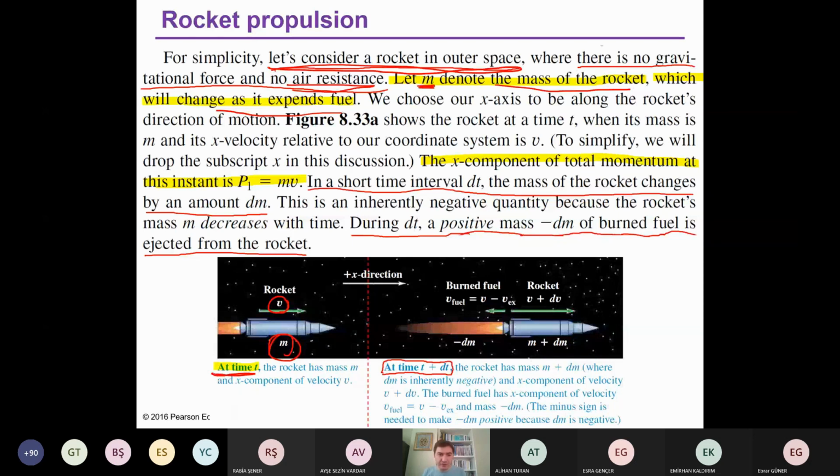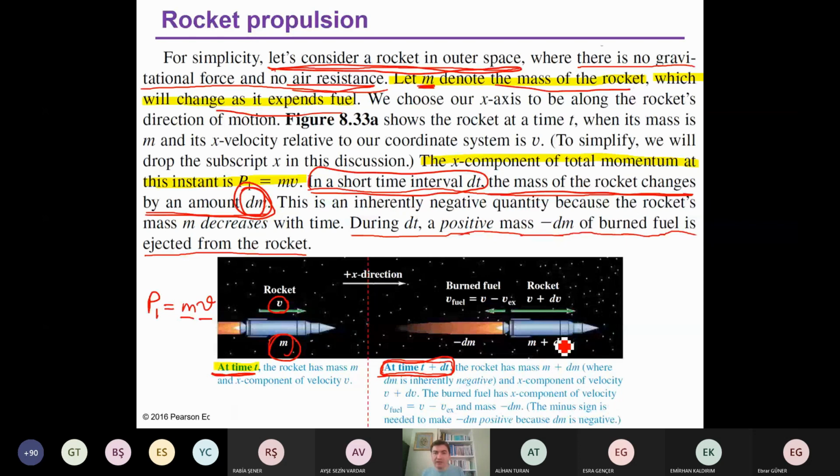In the first condition, the momentum of the rocket is given by m times v, the mass of the rocket and the velocity of the rocket. In a short time interval dt, when the time is t plus dt, the mass of the rocket changes by an amount dm. The new mass is m plus dm.